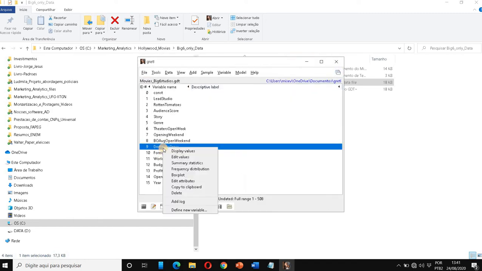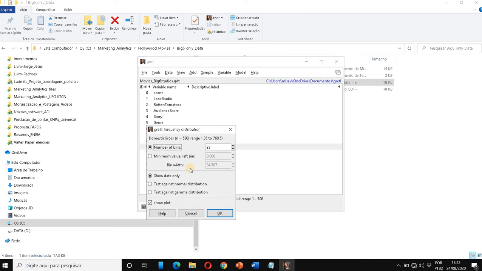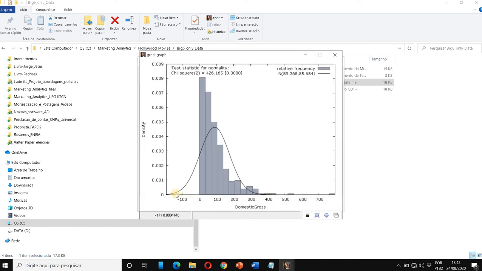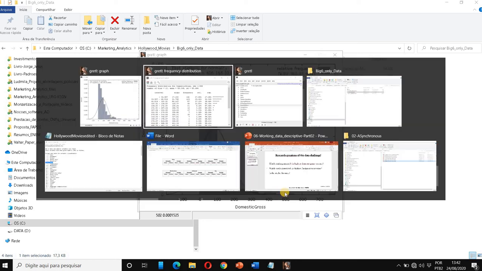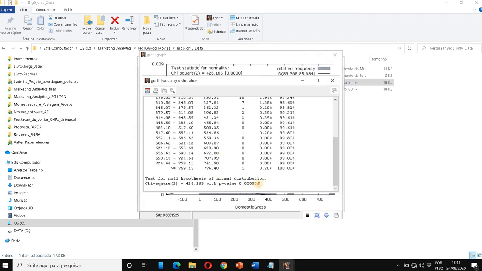Let me show you why. If I click with my right button again, and I select frequency distribution, and if you test against the normal distribution, we are going to see this is the area for the theoretical normal distribution, and this is the asymmetric empirical distribution. This is a hypothesis test that is testing our data against the normal distribution.